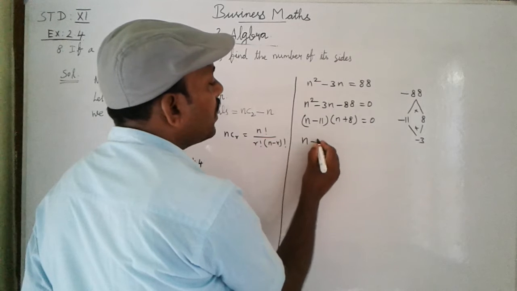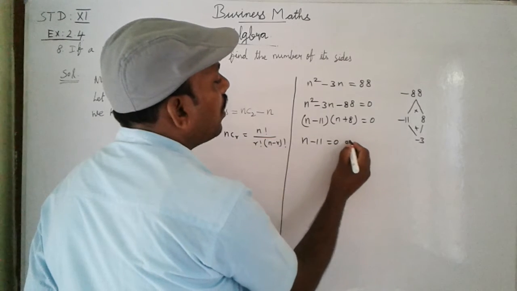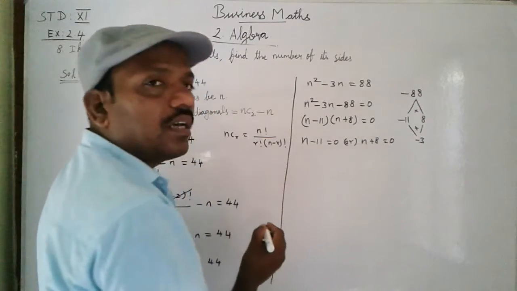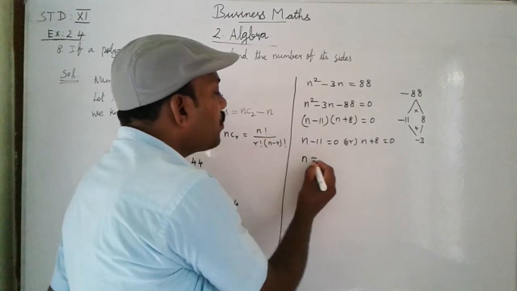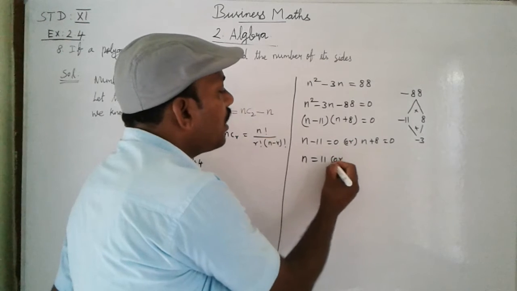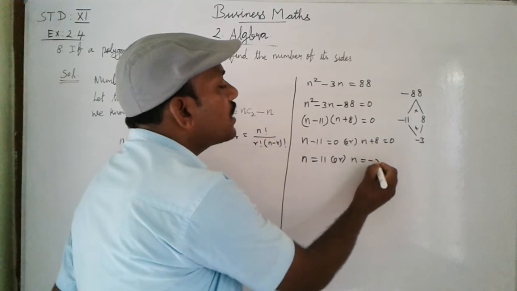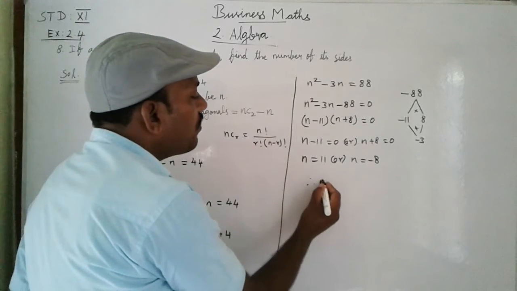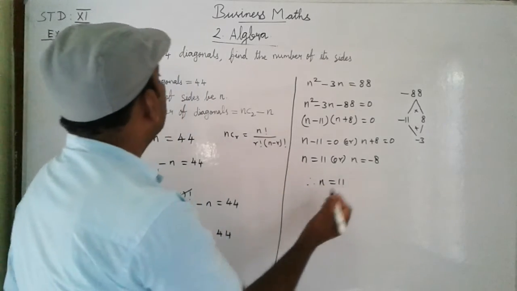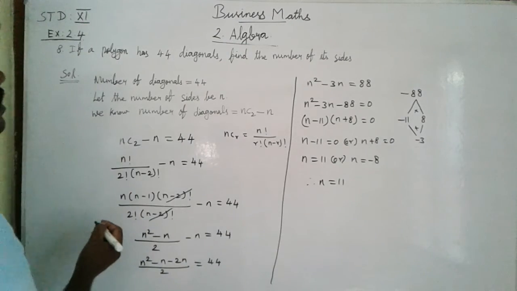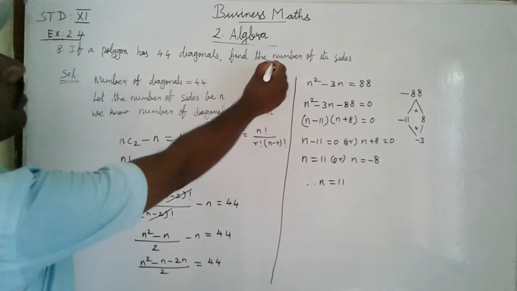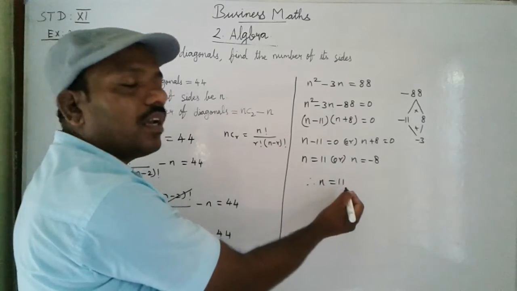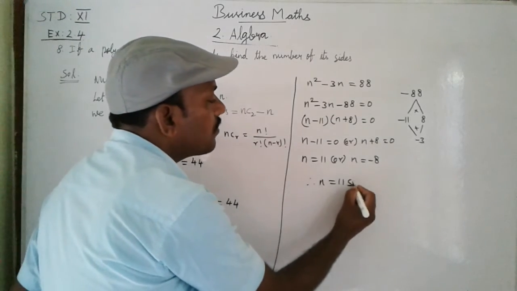So n minus 11 equals 0 or n plus 8 equals 0. Then n equals 11 or n equals minus 8. Negative is not possible. Therefore n equals 11. The number of sides is 11.